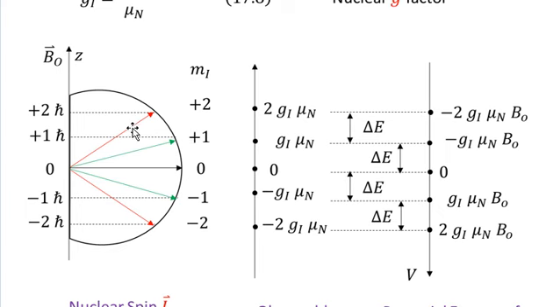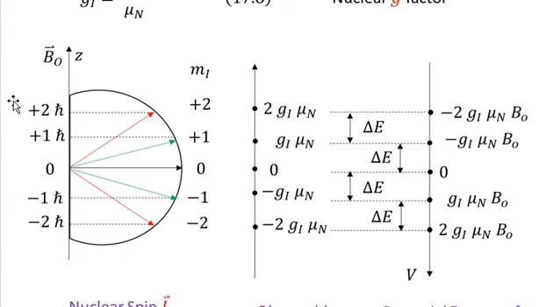So you see that in the figure on the left hand side, I have shown actually 5 vectors over here. And these 5 vectors are actually different orientations of the spin angular momentum vector I. And these vectors will precess about the magnetic field B naught. The precessional motion will be like this.